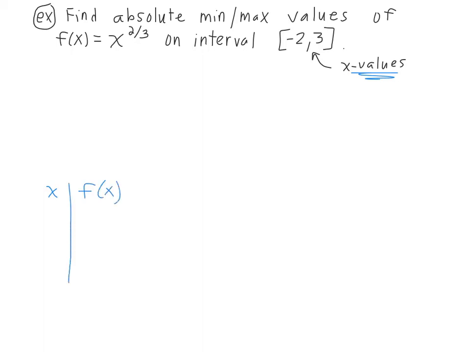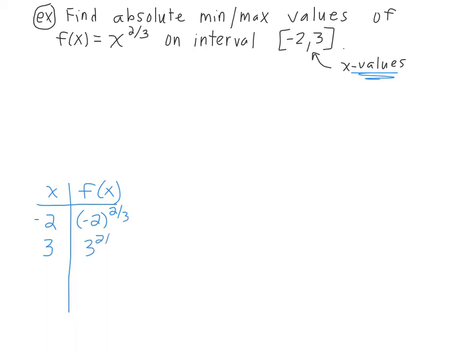And this table is where we are going to track what the y value is for different x values. We're ultimately trying to find the biggest y value and the smallest y value. So we know that our absolute min and max values can possibly occur at the endpoints. So let's plug in these values into the function.